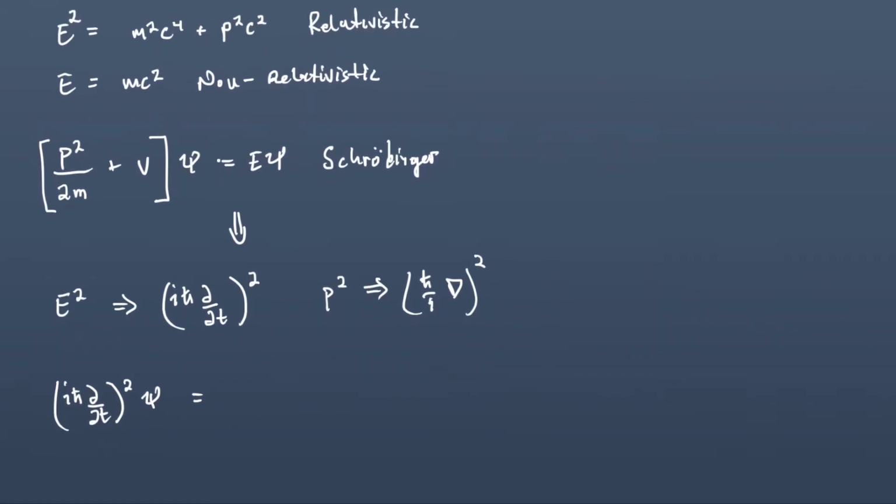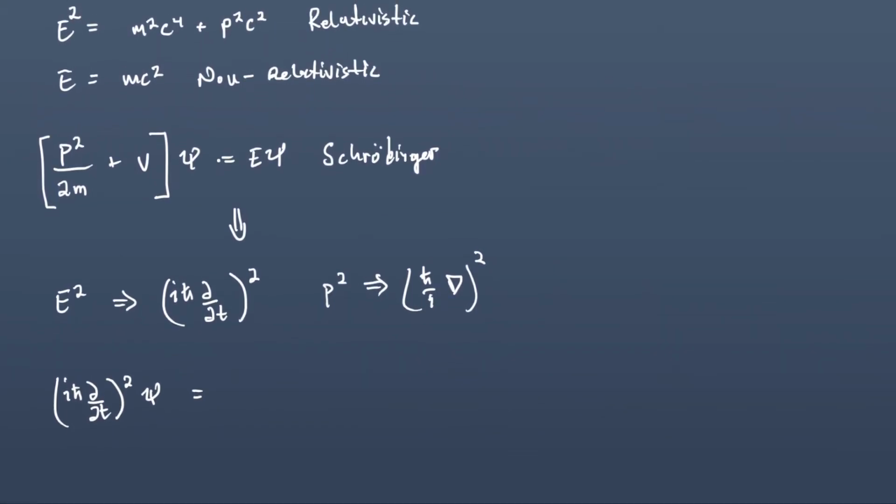I'm jumping around a little bit. This E squared is this, plugging it in here. Then we have m squared c to the 4 times phi, and then the momentum squared c squared term.